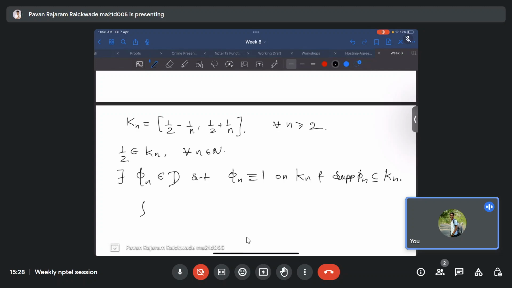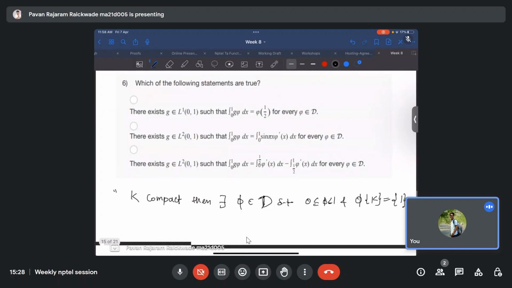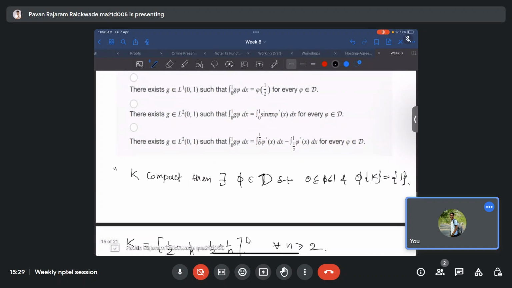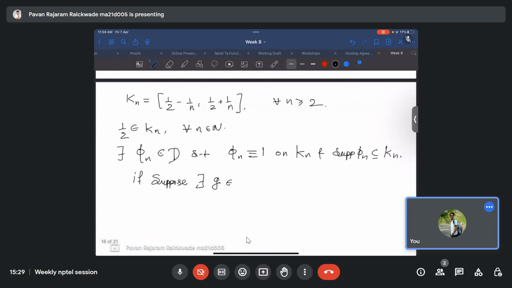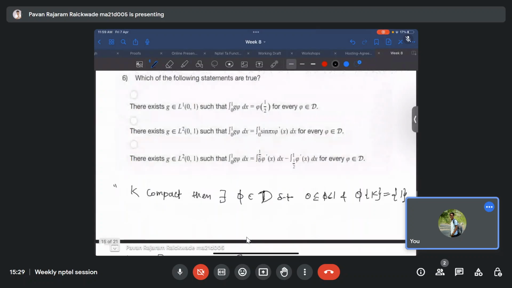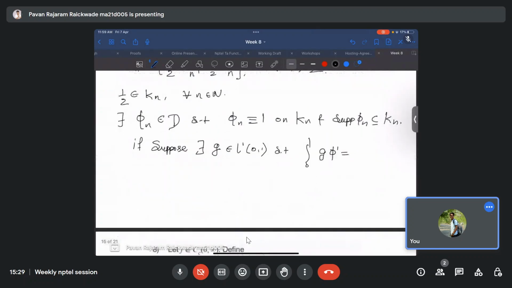Now if we integrate from 0 to 1, suppose there exists some G in L1 such that the integral from 0 to 1 of G phi equals phi of half.